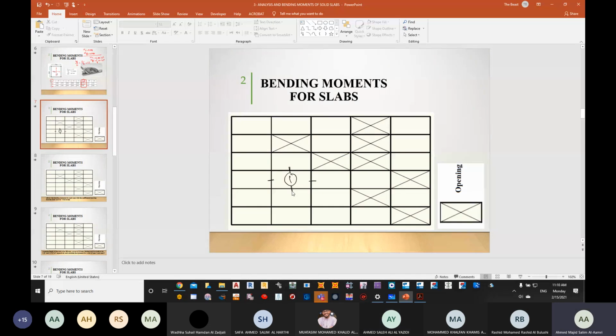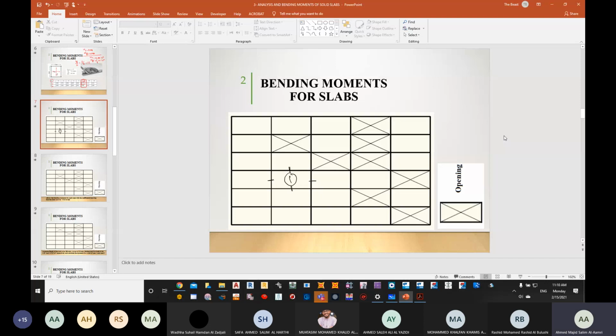Yes. Is it interior now? Do you agree that this is interior now? Yes, it has slabs from all sides. Okay, so that's the meaning of case number 1.